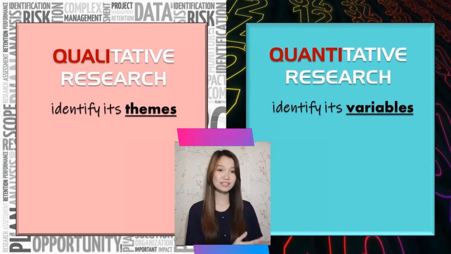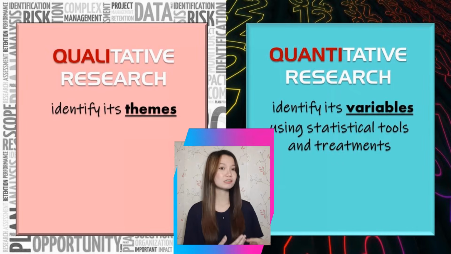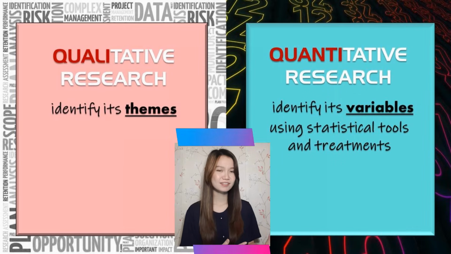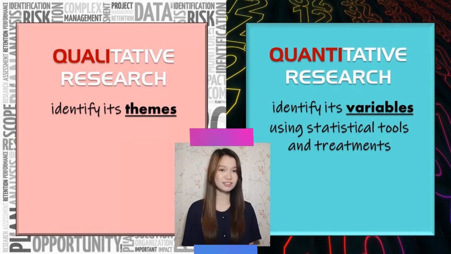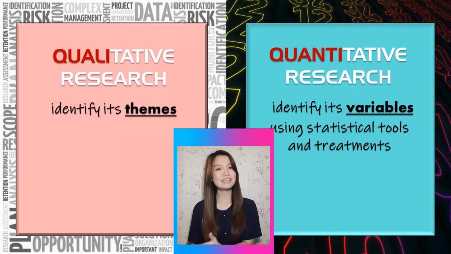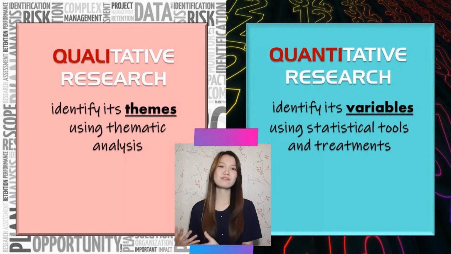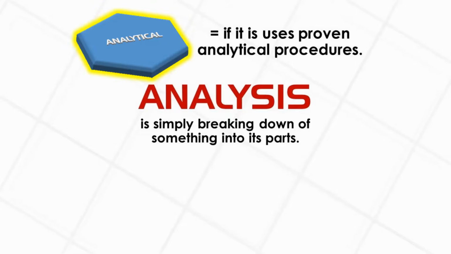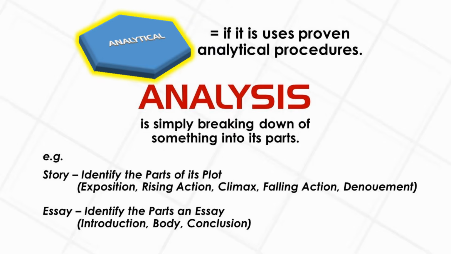In analyzing quantitative research, we use statistical tools and treatments to examine the data that we've gathered. However, in qualitative research writing, we identify the themes through the use of thematic analysis. Later on, we will have a separate video on these, so don't worry, you'll understand everything about it. Again, research is analytical if it uses proven analytical procedures in data gathering.